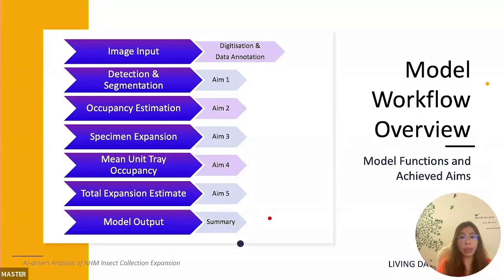Aim 3 is to identify and estimate spatial expansions of specimens with barcodes, and aim 4 is to calculate average occupancy across all detected unit trays. Aim 5 is to compute expansion areas of unbarcoded specimens.